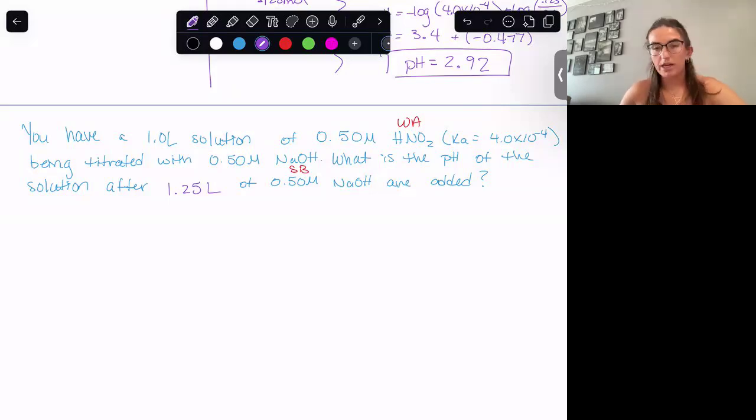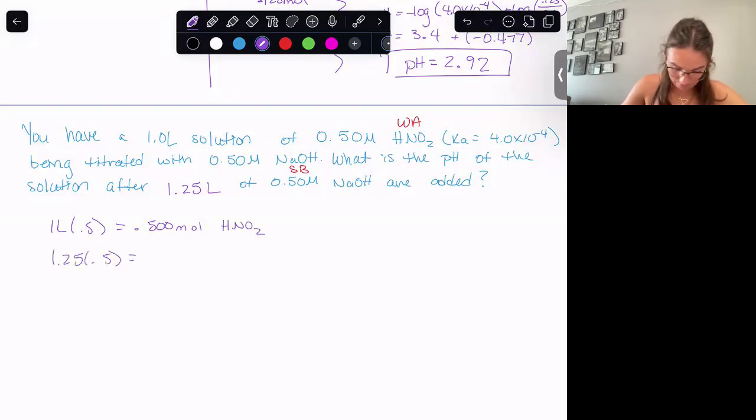Okay, when we look at this, again, the first thing we're going to do is convert to moles. So we have 1 liter times 0.5, we said this is 0.5 moles of HNO2. And then 1.25 times 0.5 is 0.625 moles of NaOH.